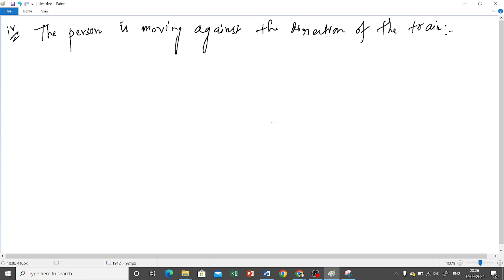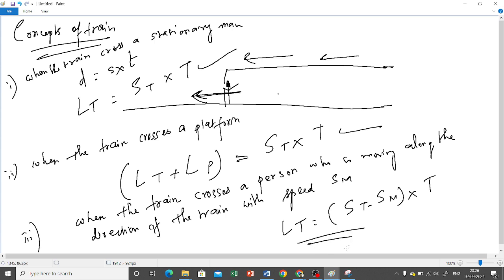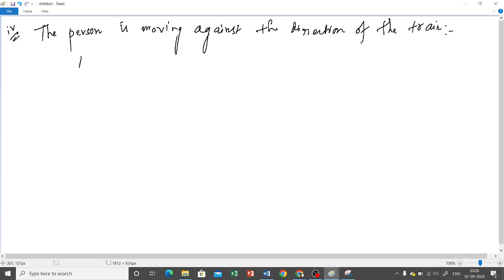Okay, the person is moving against the direction of the train. So what is going to be the case now? We pick up the same formula. So Lt is equal to St plus Sm into t. Did you understand? Yes, sir.